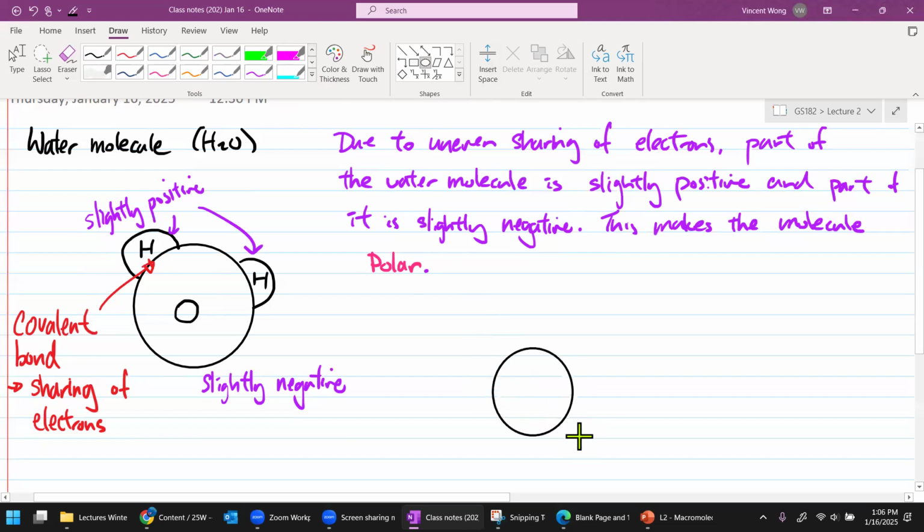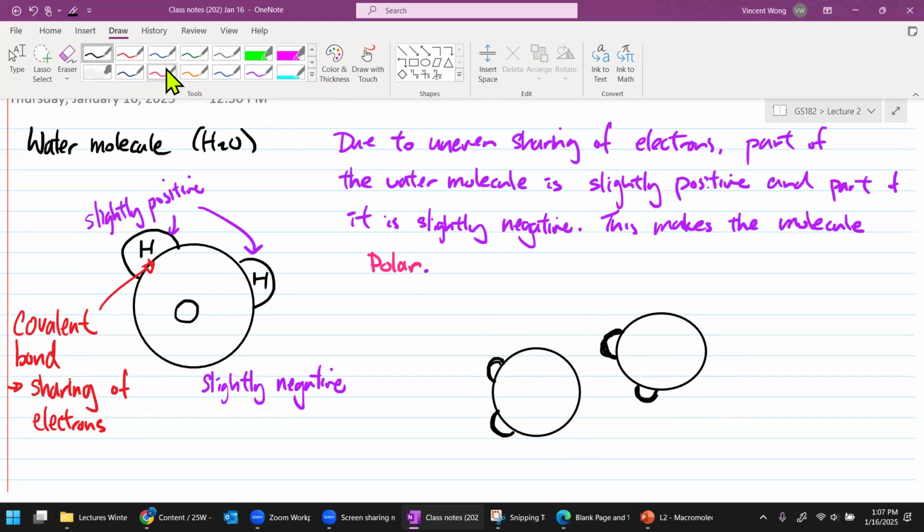Now let's try to put two water molecules next to each other and see what happens. Remember, the oxygen is slightly negative, and the hydrogens are slightly positive. Opposite charges attract each other, right? Like a magnet. So when you put them close to each other, the positive hydrogen will be attracted to the negative oxygen.